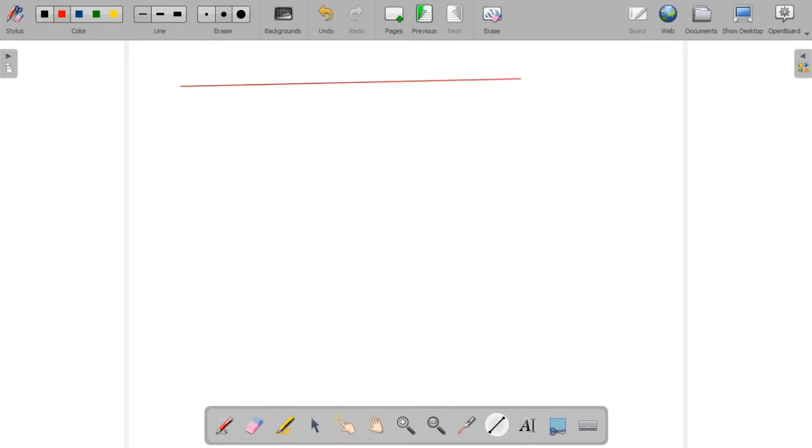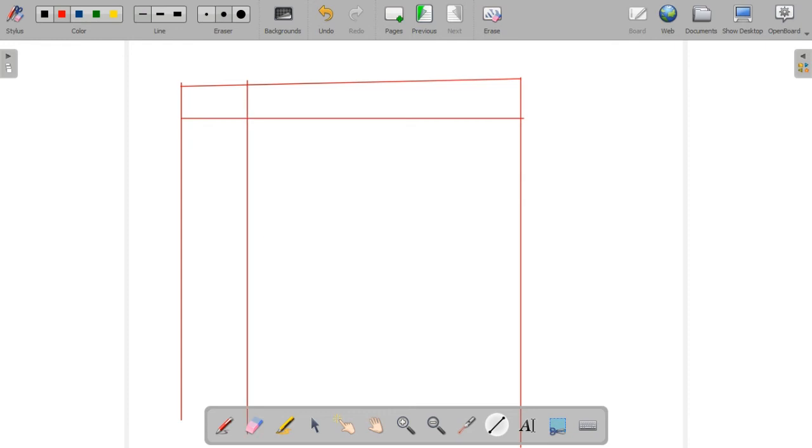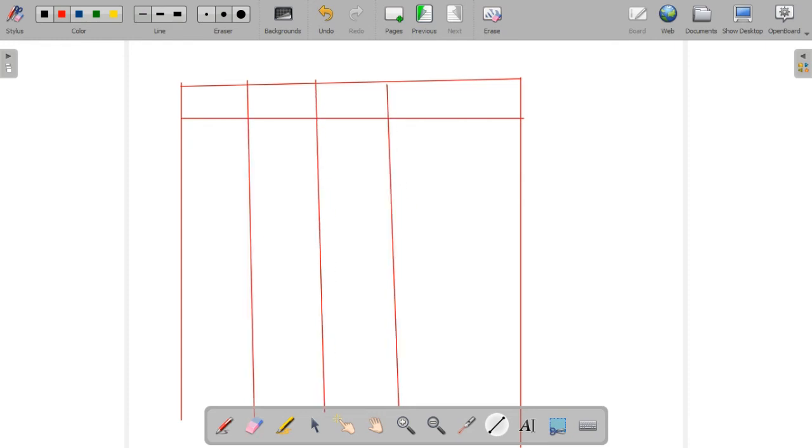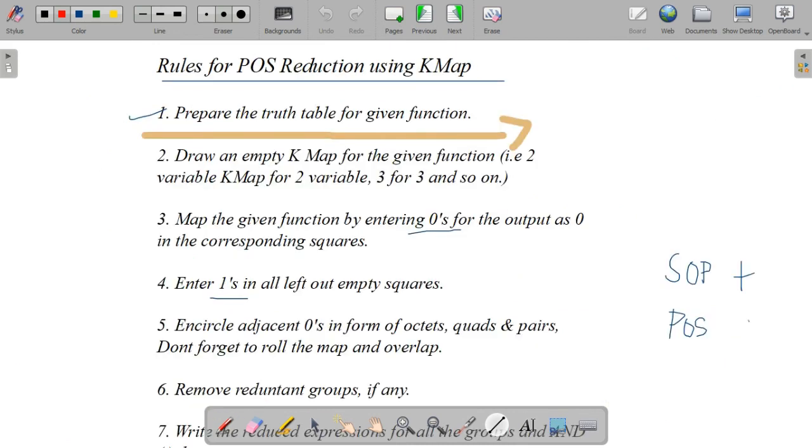All of you know how to draw the truth table for a four variable function. Here, which are the variables? C, D, F and G. Another one is for the final output. Do you remember this step? First, prepare the truth table, then draw the K-map.